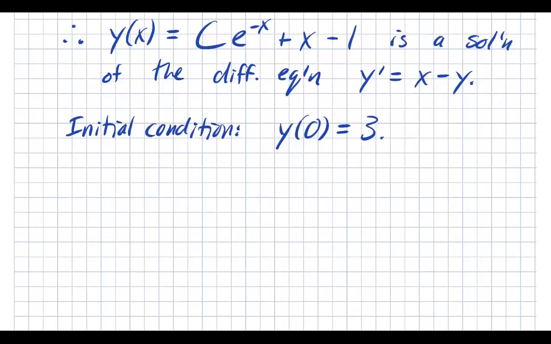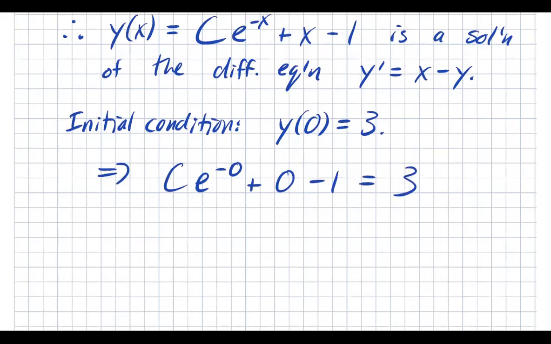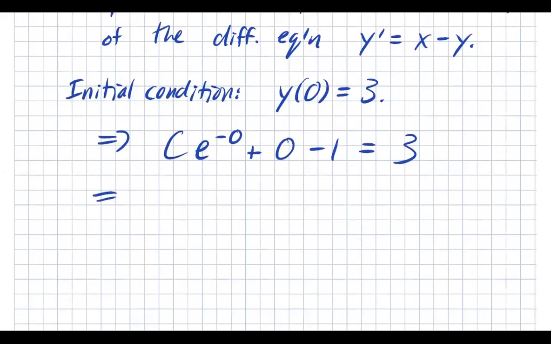I plug 0 into this function, so I get c times e to the negative 0 plus 0 minus 1, and that, according to the initial condition, should be 3. e to the 0 is 1, since any number to the power 0 is 1.